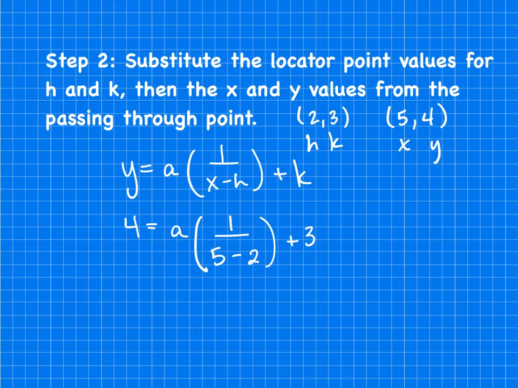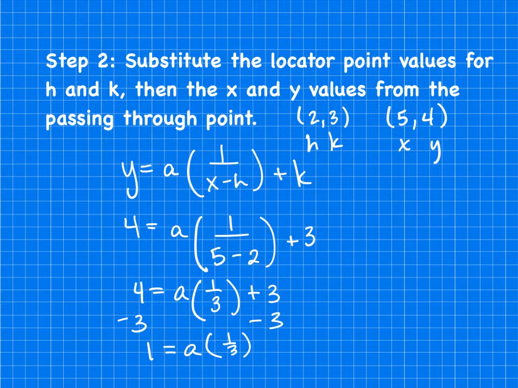And then we need to simplify. So we've got 4 equals a times 1 over 3, plus 3. I need to get rid of that plus 3, so I subtract it. So I've got 1 equals a times 1/3. To get rid of a fraction, you can multiply by its reciprocal.